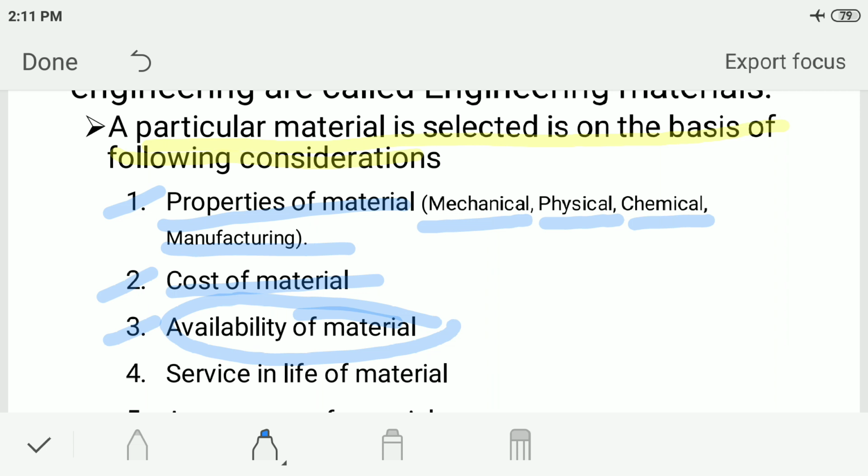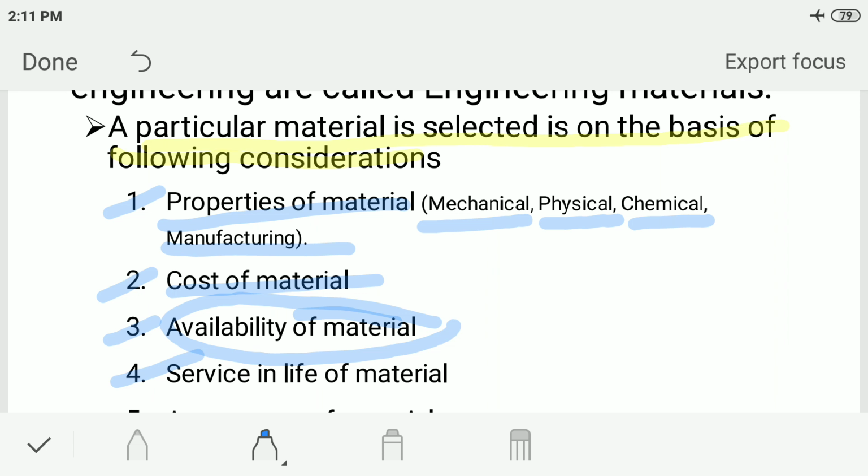The next one is the service life of the material. Whenever I select a material for a particular application, that material should give a good service life. That means the life of that material should be very high.